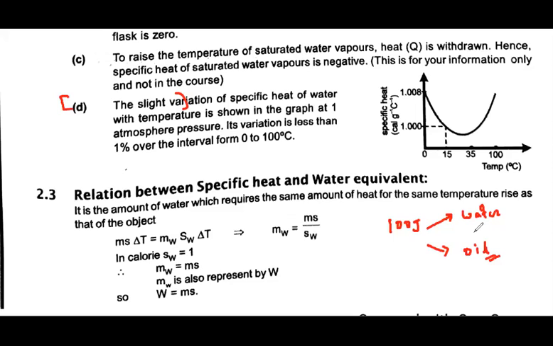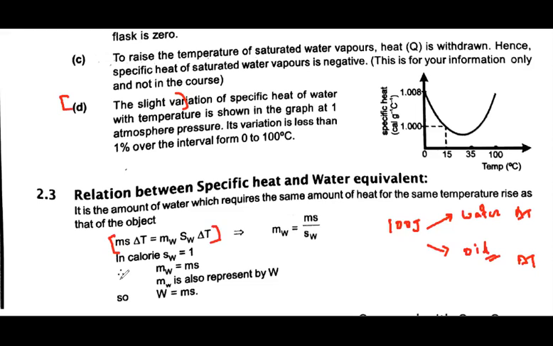If the change in temperature is the same, and I'm giving an equal amount of energy, then ms delta t is equal to m water delta t.